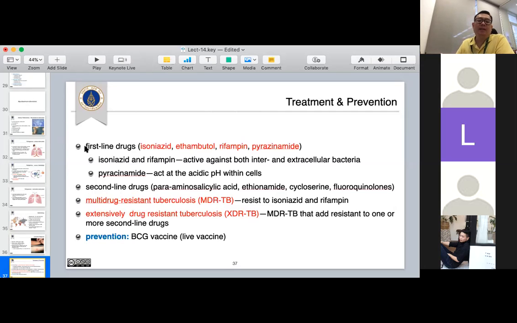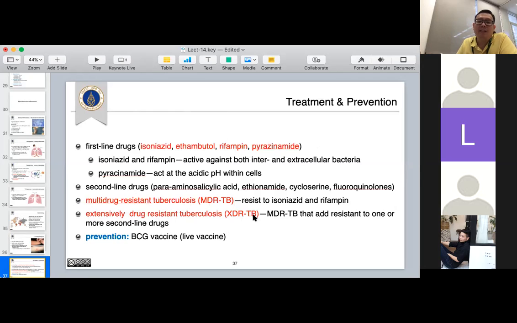You probably need to know the term multi-drug resistant tuberculosis, or MDR-TB. MDR-TB is any tuberculosis that resists isoniazid and rifampin. We call it MDR-TB. And XDR-TB is extensively drug-resistant tuberculosis, or extreme drug-resistant tuberculosis.